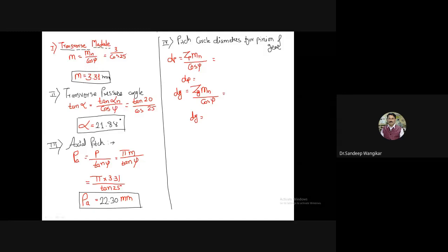Okay, so you have calculated dp. I will say here dp is 20 into 3 divided by cos of 25, and for the gear, 40 into 3 divided by cos of 25. Okay, 66.2 and 132.4.